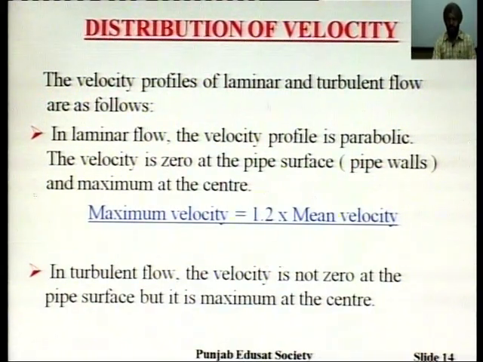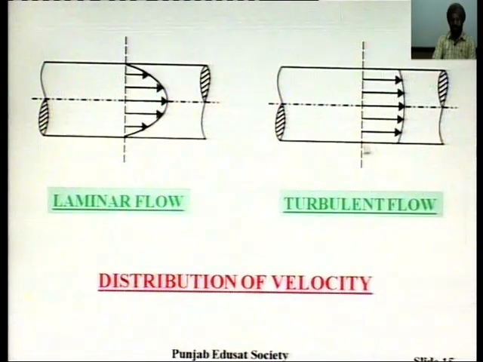Now regarding the distribution of velocity, or the velocity profiles, these are very interesting. In the case of laminar and turbulent flow, we have different velocity profiles. Moving to the first one, in laminar flow the velocity profile is parabolic. Now look at this diagram.